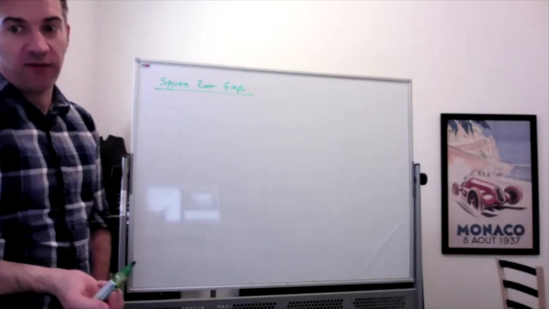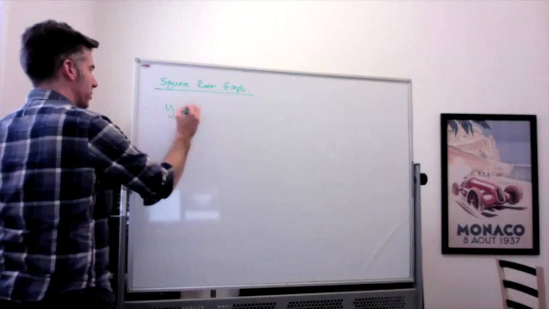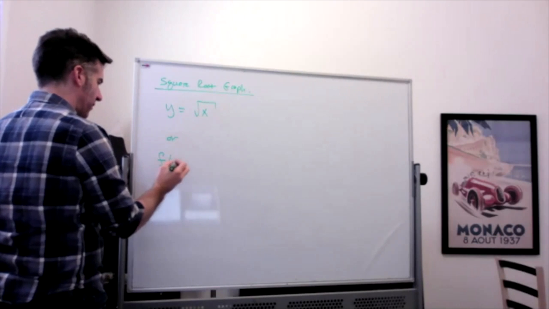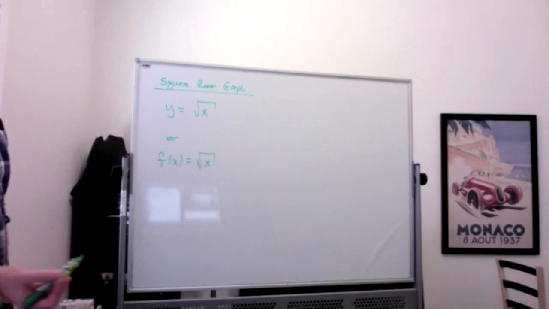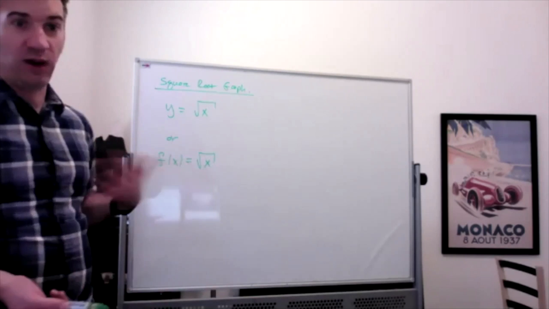When I'm graphing this, there's a couple things I think about. I'm graphing y equal to the square root of x, or if you prefer, f of x equal to the square root of x. And when I start to graph this one, I think about what my x and y values can be.